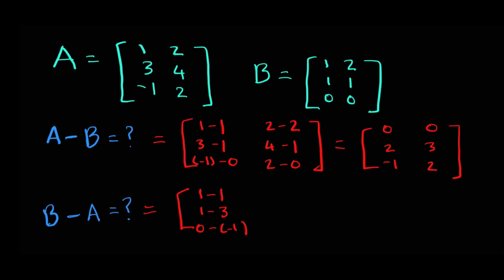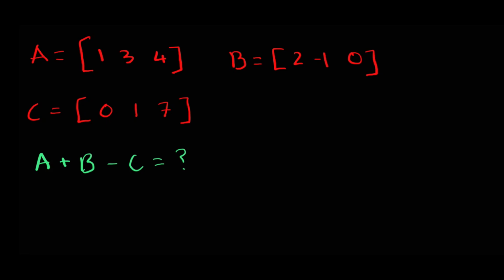And in the second column, 2 minus 2, 1 minus 4, and 0 minus 2. And that simplifies to 0, -2, 1 in the first column, and 0, -3, -2 in the second column. As you can see, just like normal subtraction, when you're subtracting matrices, the order matters.